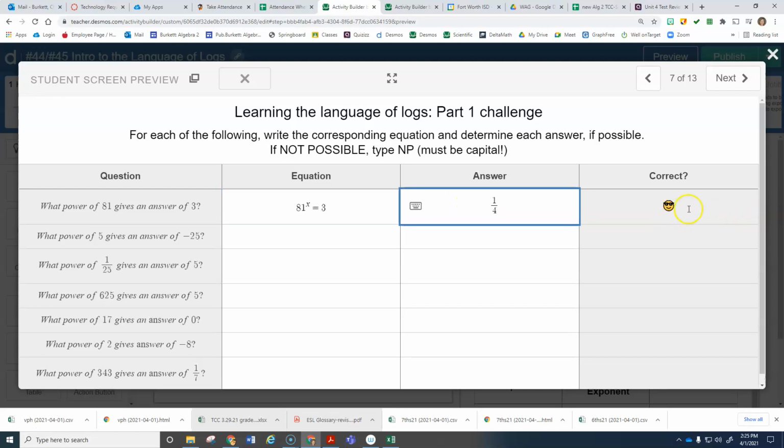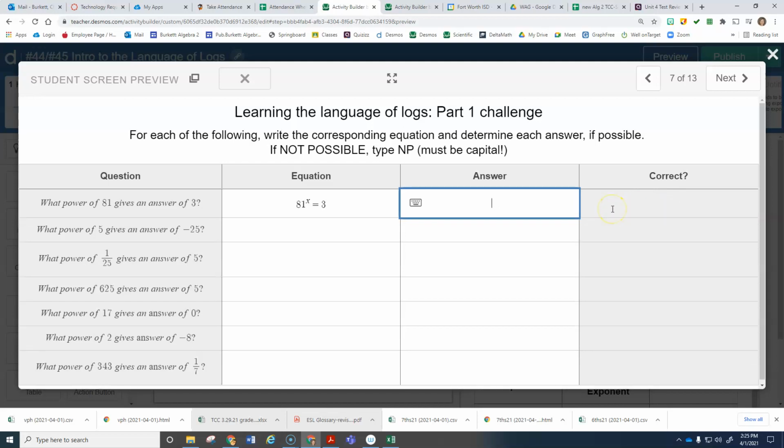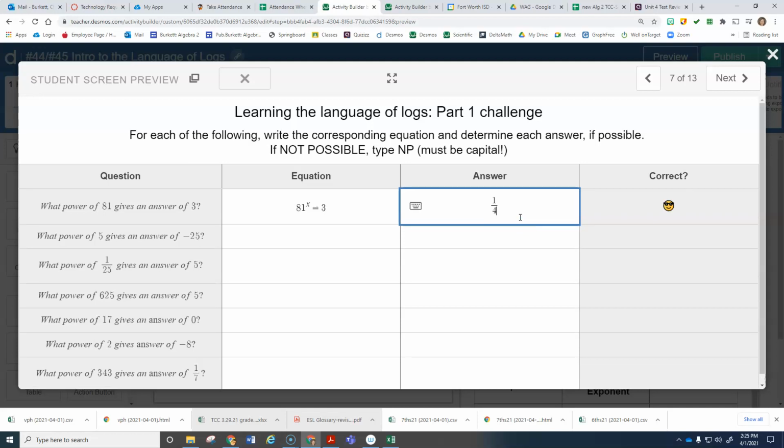Yep, I'm right. So smiley faces, the cool emoji is good. Having it left blank is not good. If you put NP here, notice she says be sure you put it in a capital. If you put NP here, nothing happens. So that means not possible is not correct here. So you have to get it right.